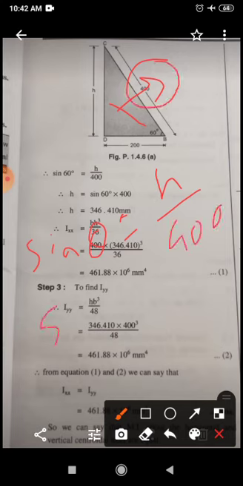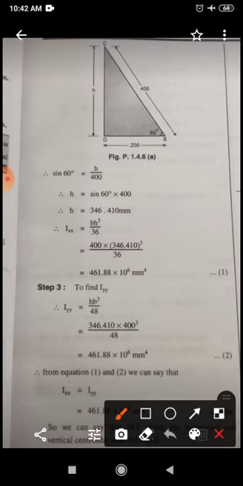Therefore sine of 60 is equal to h upon 400. By using the trigonometric identity you can find this height h, or by using the Pythagoras theorem. After calculating, the height is equal to 346.410. You can use the calculator.